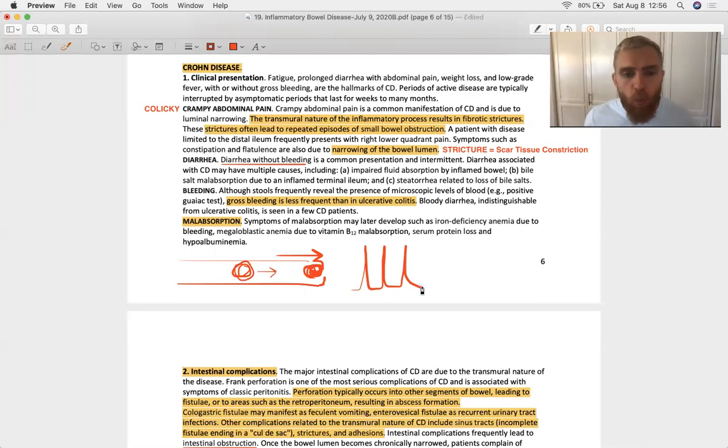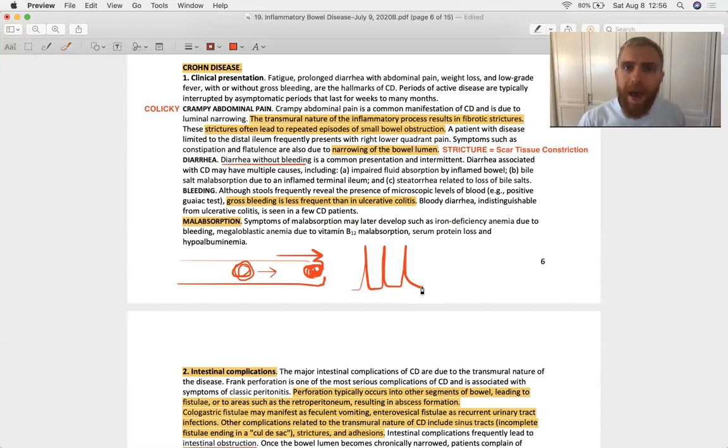And so the reason why you might see a left lower quadrant or a periumbilical colicky pain is going to be because of a stricture that could give you a direct obstruction to the flow of stool through the bowel. And every time your bowel contracts around that stricture, the patient feels pain. But when the bowel relaxes, the patient's pain lets up. They feel a little bit better.